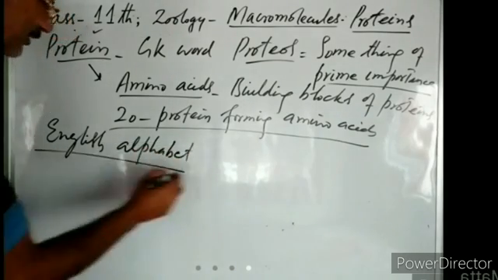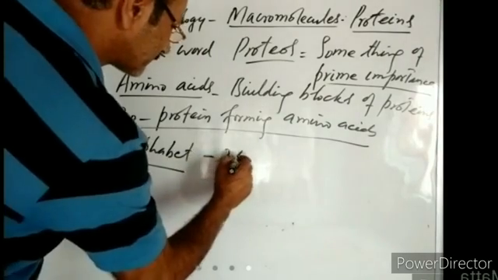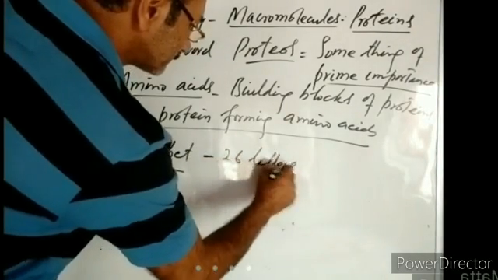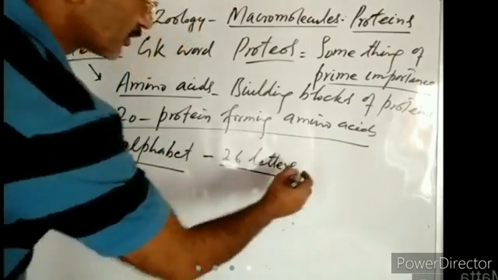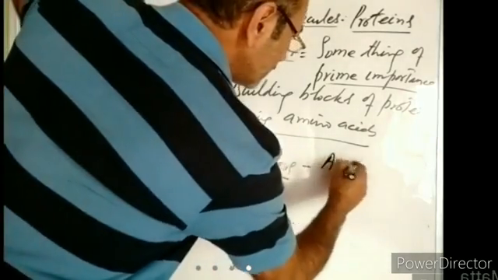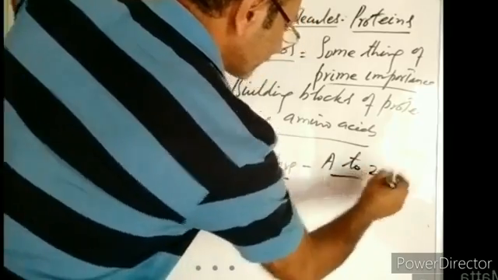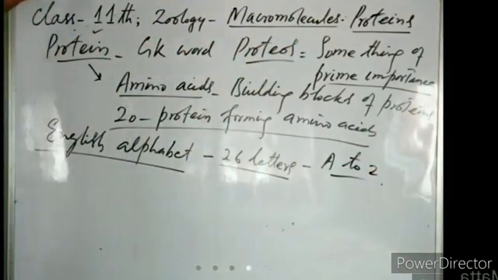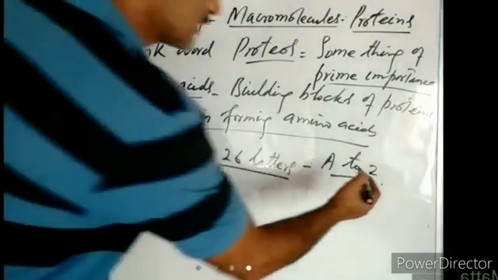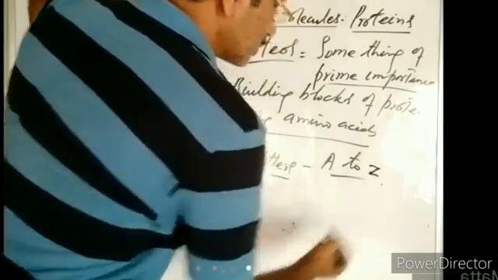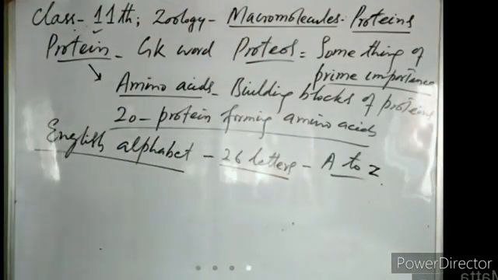In the English alphabet, we have got 26 letters, right? From A to Z. Our whole English language consists of only 26 letters. If you count from A to Z, you will find 26 letters, right?